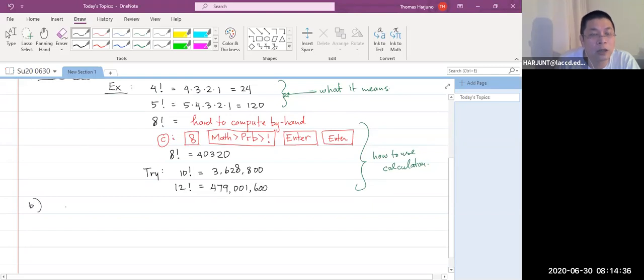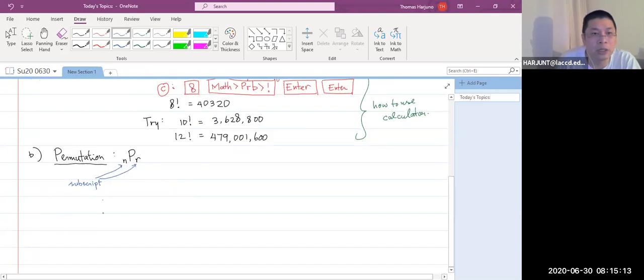So the second part is permutation. Now, the notation form of permutation is nPr, where the n and the r are subscripts. If I enlarge the writing, the P is a capital P. The n is not only lowercase, not like this, no, not like that.